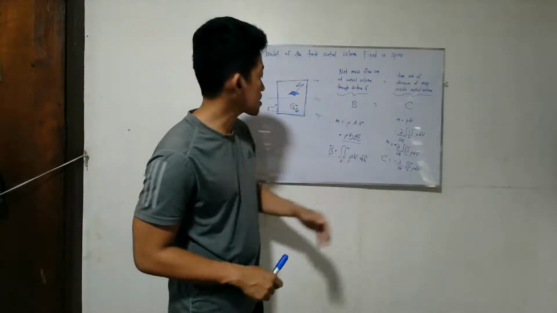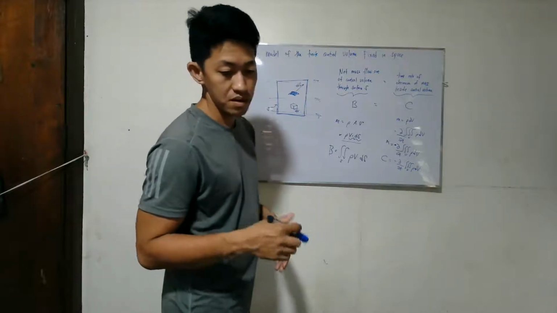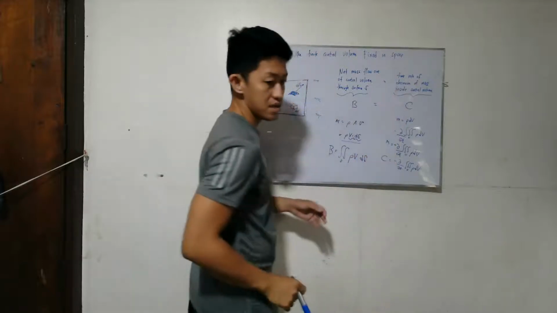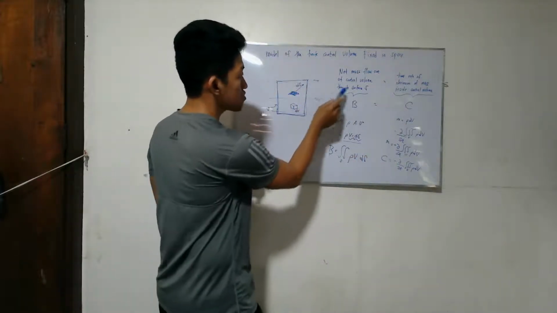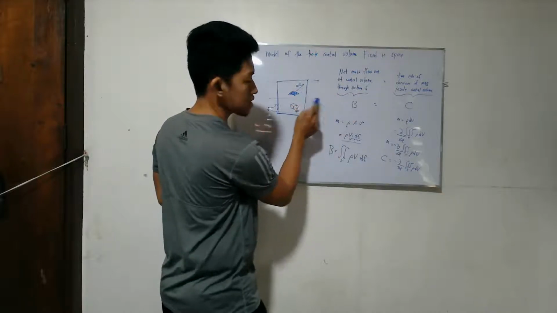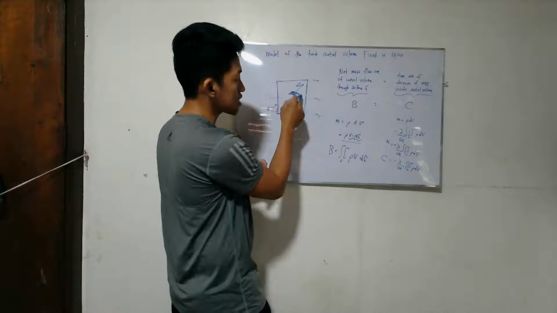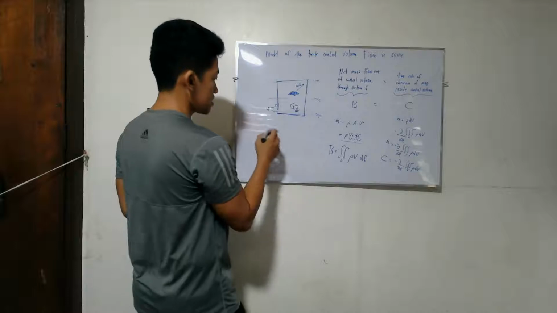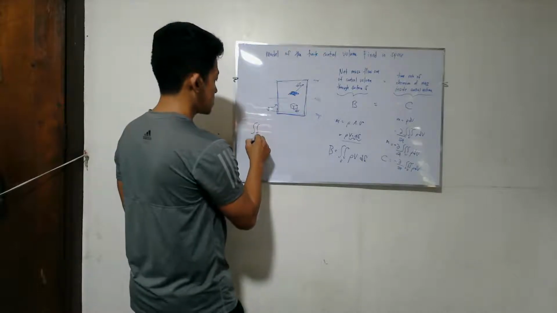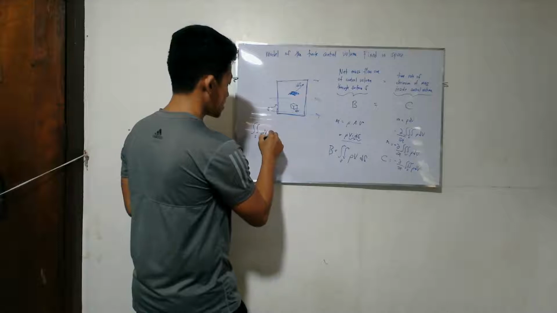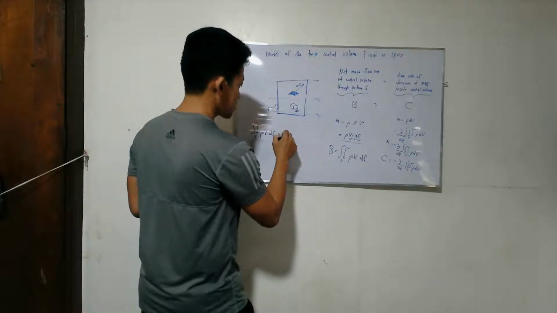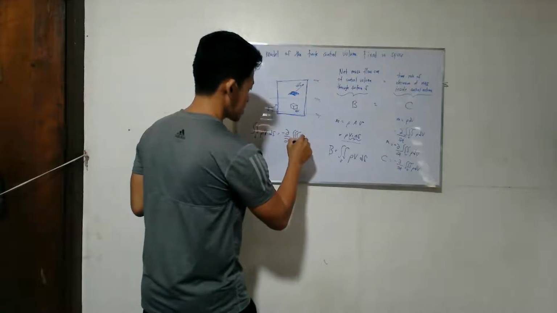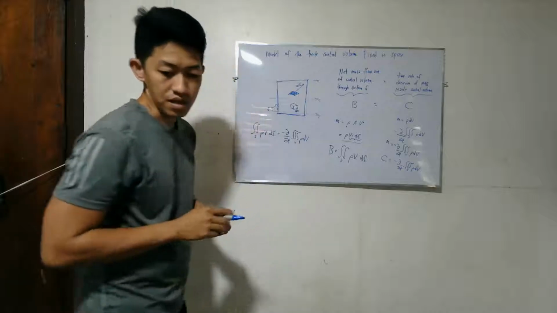Okay, so now we equate the two. By the way, recall that we multiply by a negative because it is a decrease. If the mass inside your control volume decreases, of course the mass here decreases, so we multiply by a negative. Therefore, what is now your equation? You have the surface integral of rho v dot dS equal to negative partial of the triple integral of rho dV.